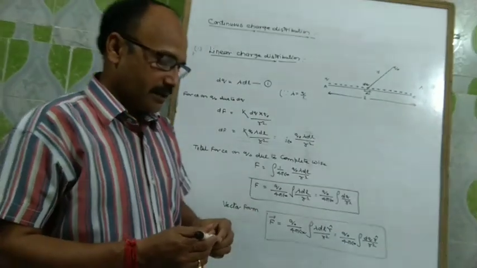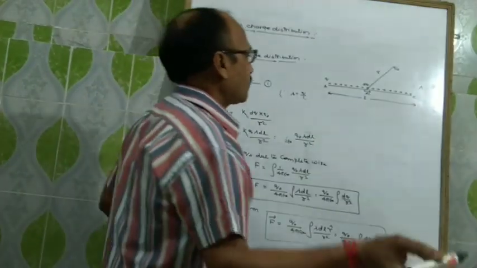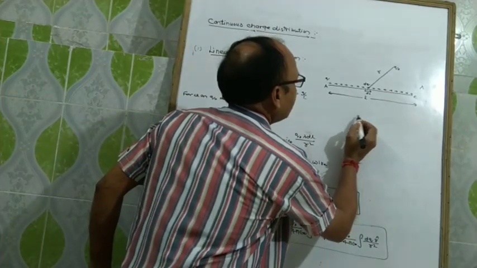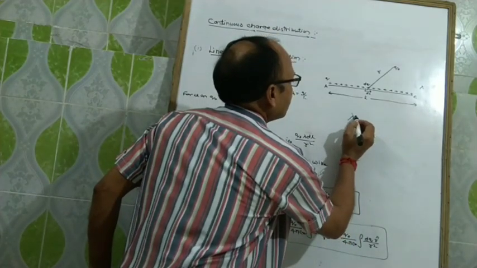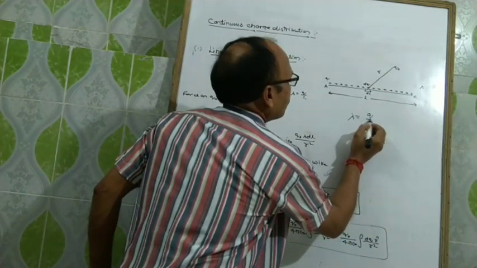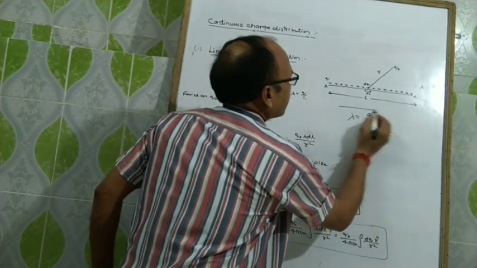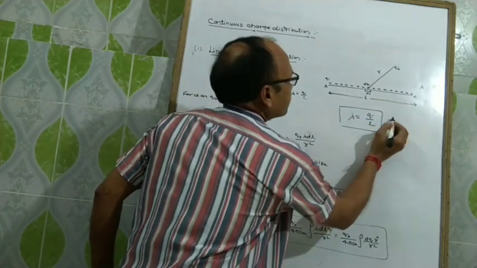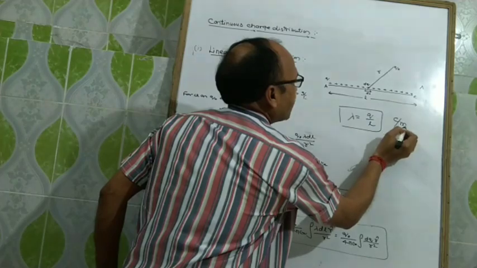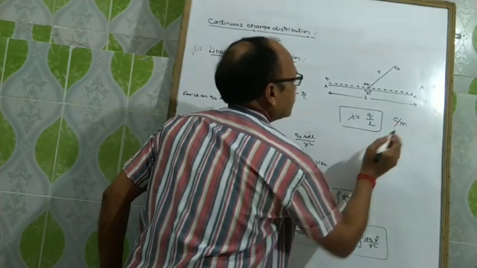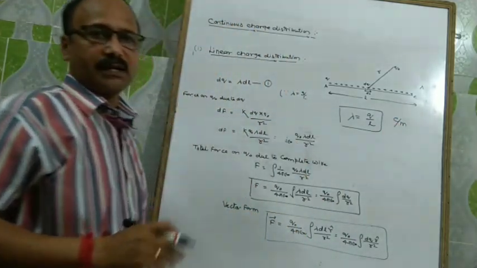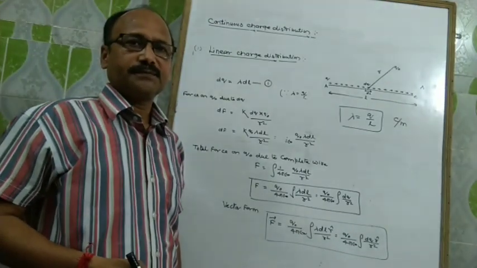It is denoted by lambda, so lambda will be equal to q upon L, and its unit is coulomb per meter. This is the linear charge density.